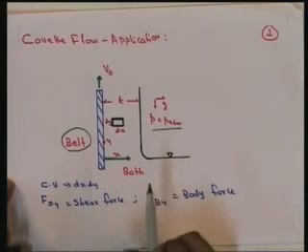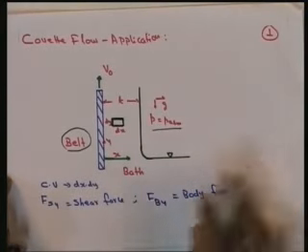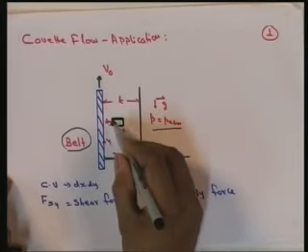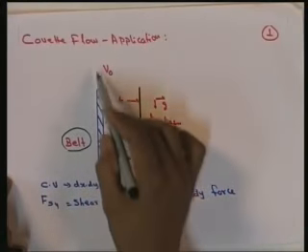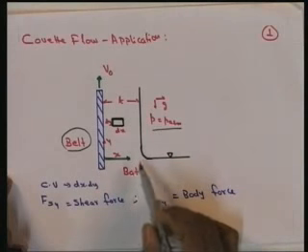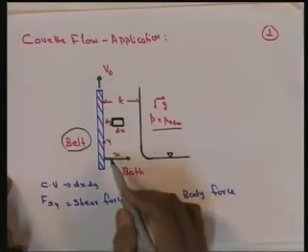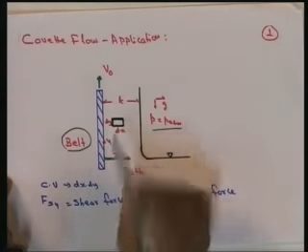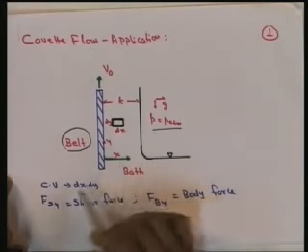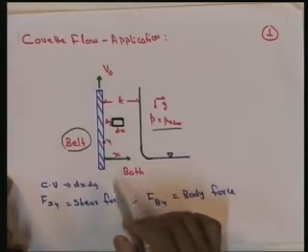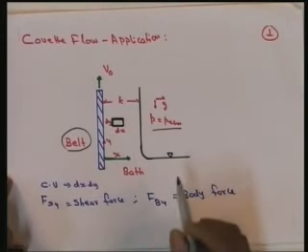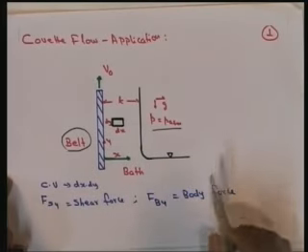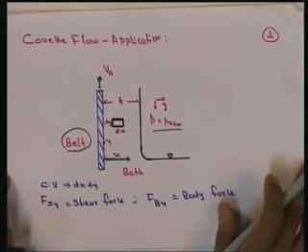As in the previous case, here also we consider a fluid element of size dx dy. This is the x axis and this is the y axis. The control volume is considered here, and compared to the earlier case, there is a body force also.